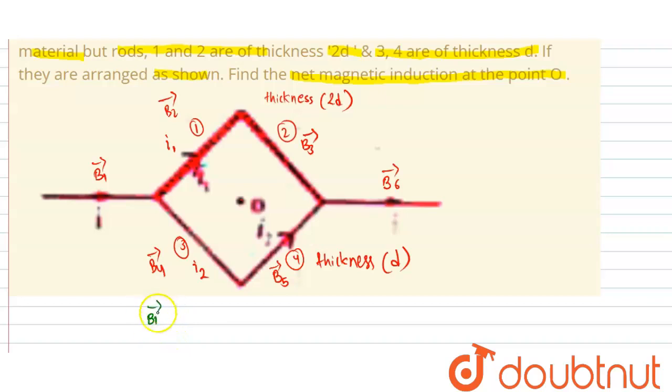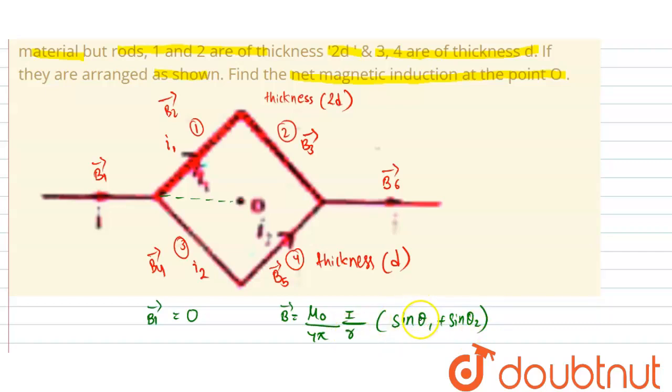So B1 is equal to 0 because the point is along this line. So angle is 0 from both the ends. As we know, B is equal to mu naught by 4 pi I by R into sin theta 1 plus sin theta 2. Here R is the perpendicular distance of the point from the rod.